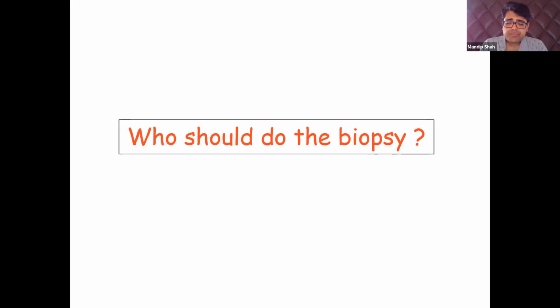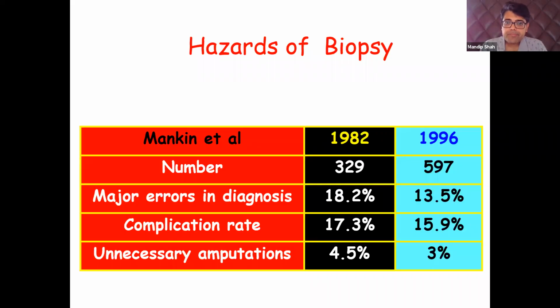Now, the surgeon who is going to do the final procedure ideally should do the biopsy. Why? Because the biopsy itself can be hazardous if it is not done properly. So today, the commonest indication for an amputation is a poorly performed biopsy.